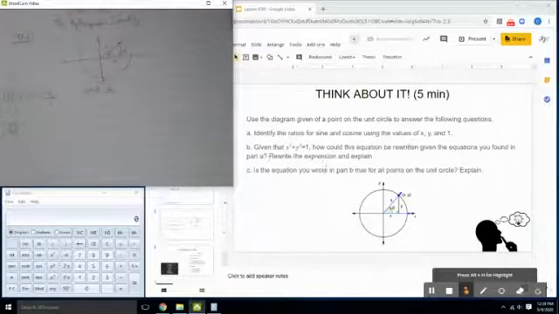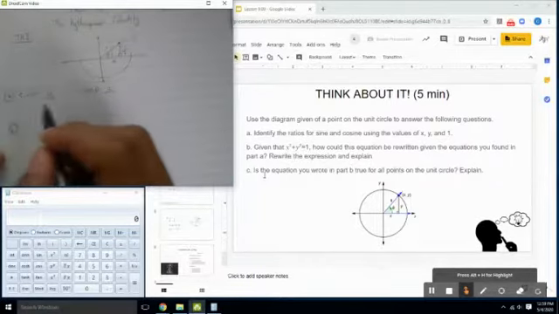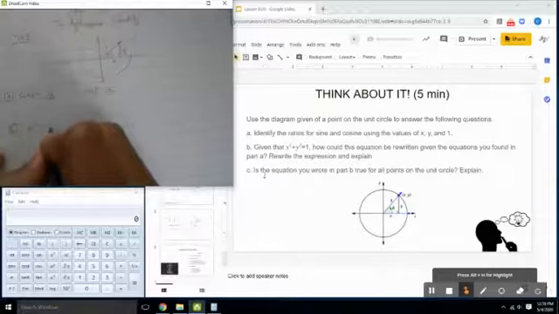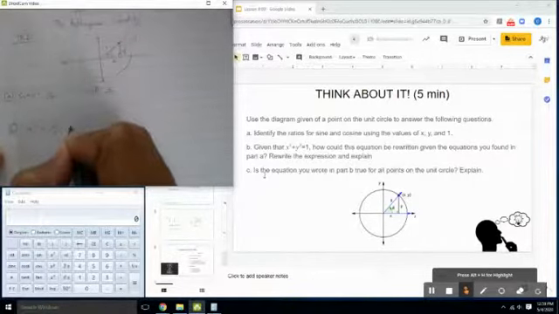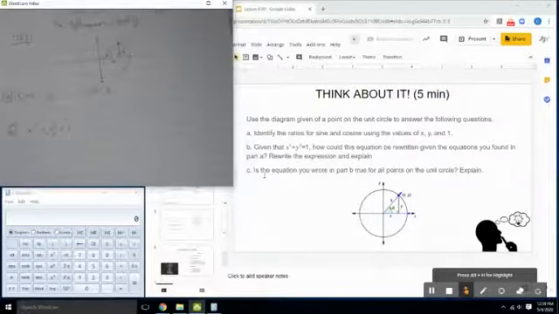Rewrite the expression and explain. Okay, so to rewrite, let's do x squared plus y squared equals 1 squared or 1. Let's put the 1 squared so you don't get confused.